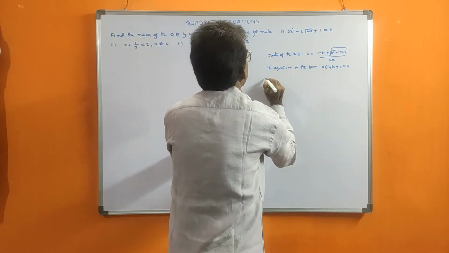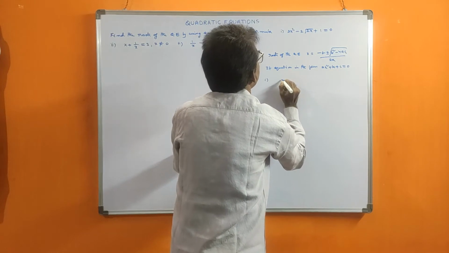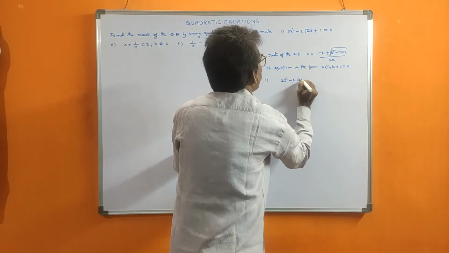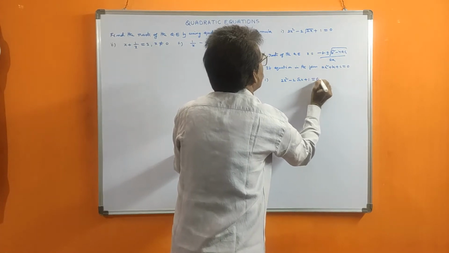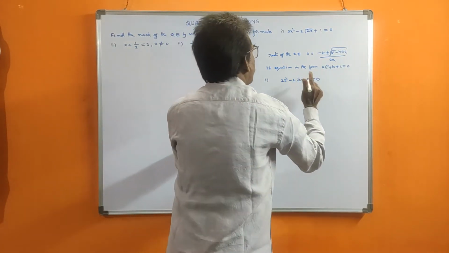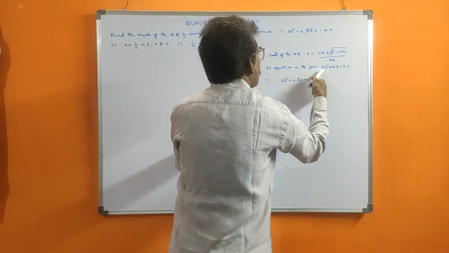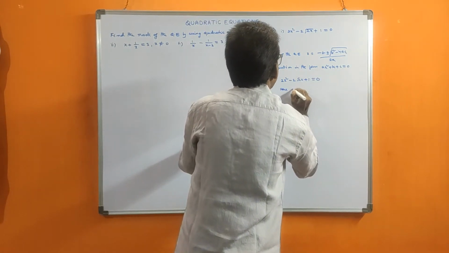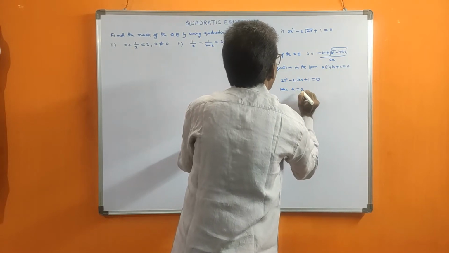Now, the first equation is 2x square minus 2 root 2 x plus 1 is equal to 0. Comparing this equation, the coefficient of x square is a. Here the coefficient of x square is 2, so a is 2.